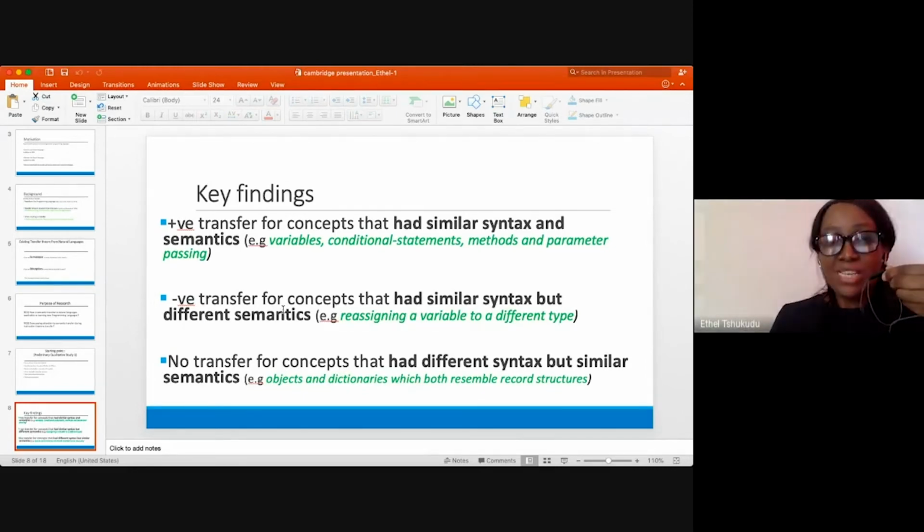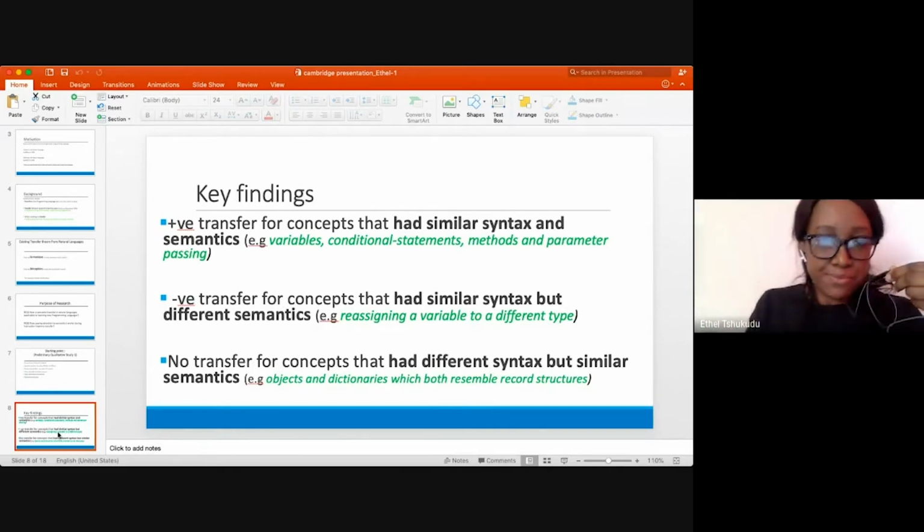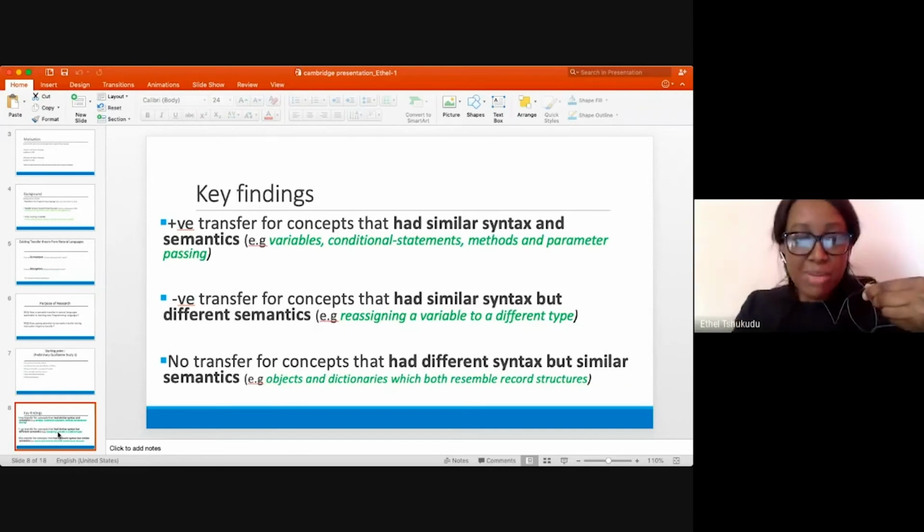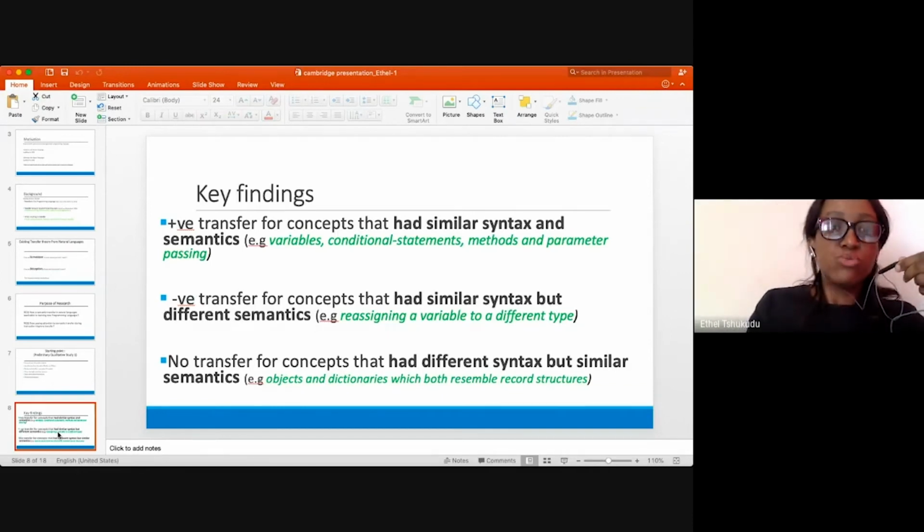And then there was the interesting one where there was no transfer or minimal transfer, and this had to do with dictionaries. I mean, with objects. Students were already familiar with some kind of data structure from Python, and the one that I would maybe link to objects would be a dictionary.